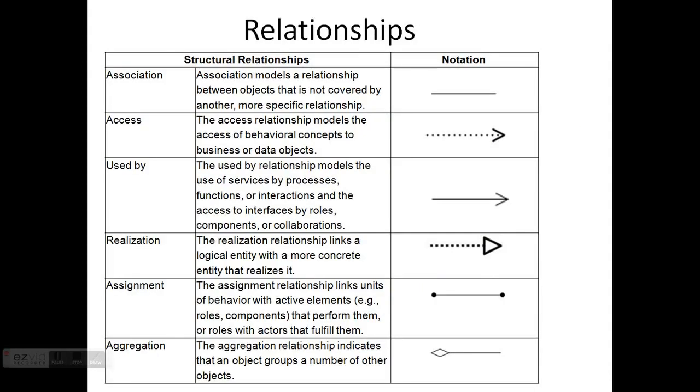I'll just briefly go through other relationship types that are available in ArchiMate. There are three types of relationships. One is the structural relationship that allows for notations such as association, access, used by that we already talked about, realization also we talked about, assignment we already talked about, and aggregation.